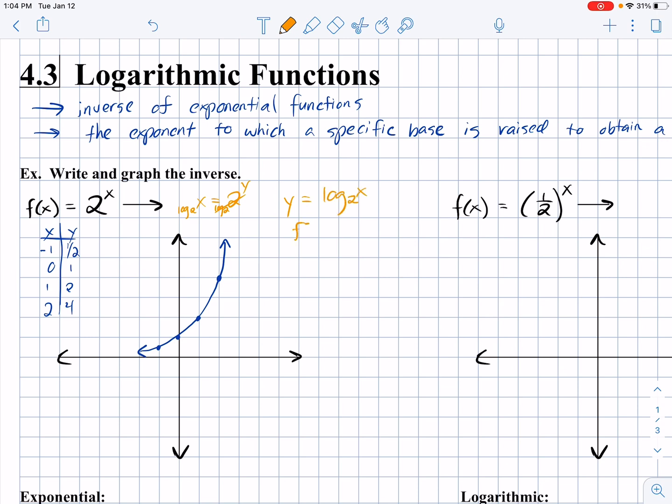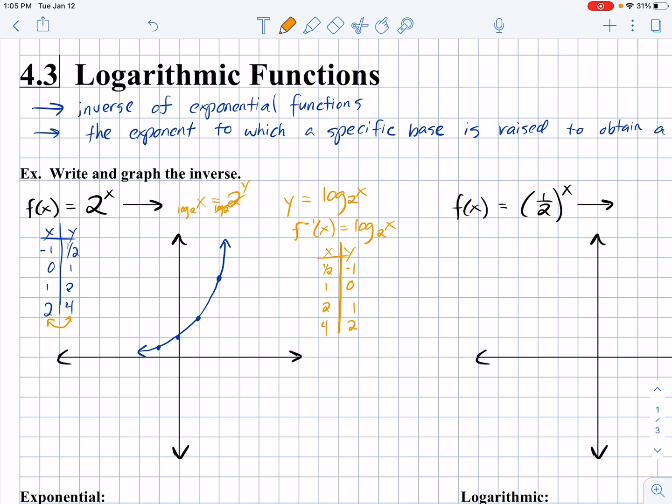And we'll write it in inverse notation. f^-1 of x equals log of x base 2. And then if you remember, all of our inputs and outputs can just flip-flop. So now our inputs would be 1/2, 1, 2, and 4. Just flip-flopping these from our inverse function. So this would give us -1, 0, 1, and 2.